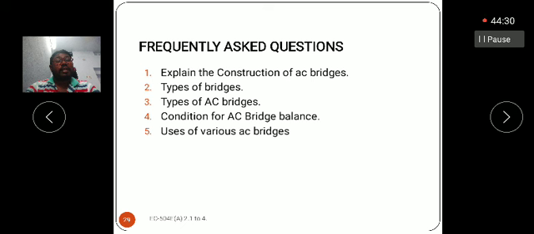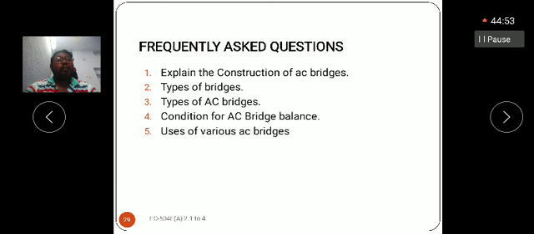In the previous class I explained the methods of measurement: the null detector and comparison methods. In the DC circuits we use a galvanometer as the detector, and in the AC circuits we use a different detector. Both are used for detecting the balance of impedances in the bridge arms.